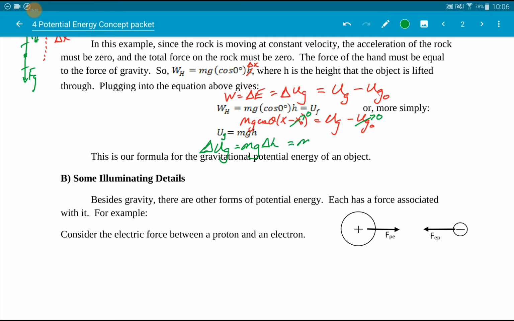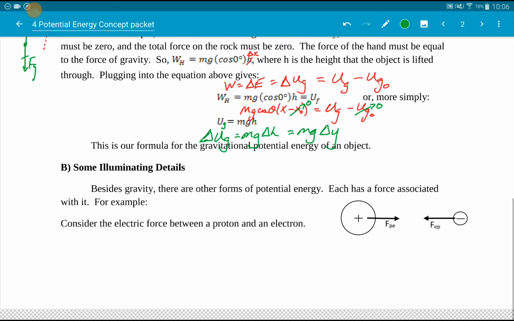I've also seen it written as mg delta y. This would probably be the slightly more generic and useful way. But delta h makes sense because we've been talking about height since we've been in elementary school, so we usually still think about it that way, and that's fine too. But notice the difference between a change in gravitational potential energy versus gravitational potential energy at some one height there. So the difference between a change in something and just one thing. Okay, all right, moving on.